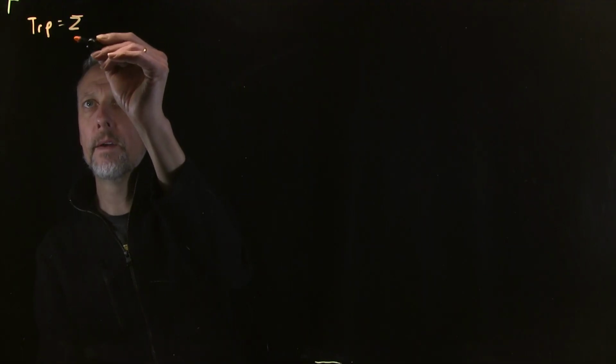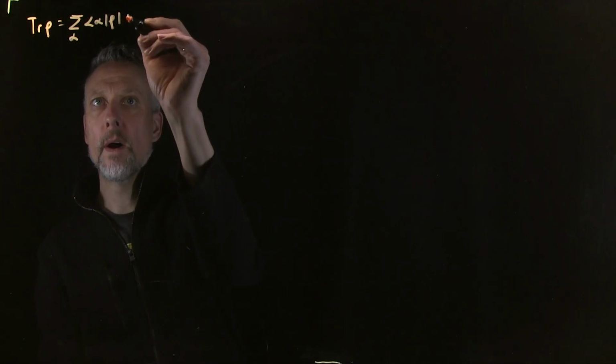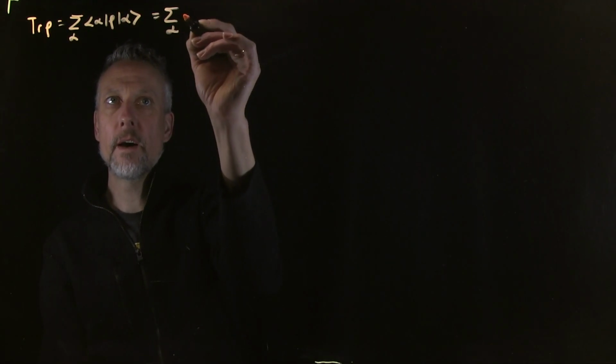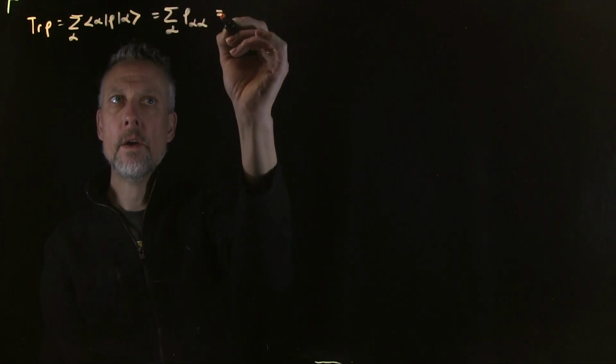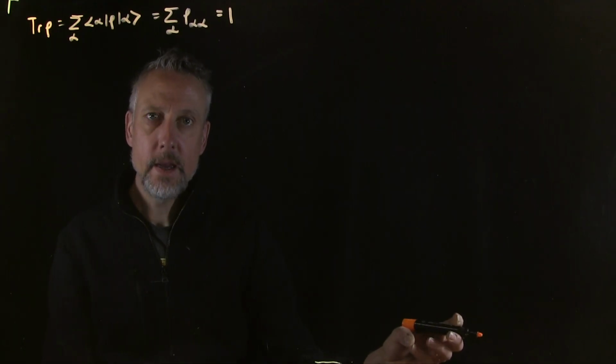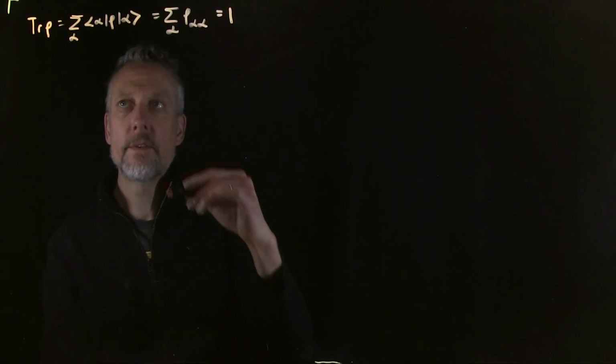The trace of rho, which you could write as the sum over alpha of the bra alpha, rho, ket alpha, which is the same thing as the sum over alpha of rho alpha alpha, is equal to 1. And we're going to now consider what happens as a function of time.